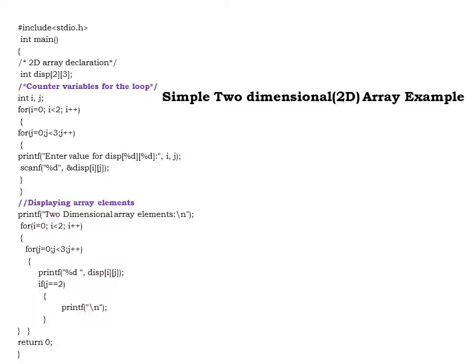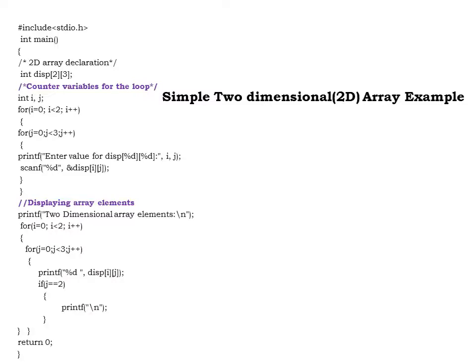Now the j value gets incremented to 2. 2 is less than 3, condition is satisfied. At location 1, 2, the third element inside the second row is displayed. Now here 2 is equal to 2, condition is satisfied. We move on to the next line, and then we come out of the inner for loop. Now i value gets incremented to 2.